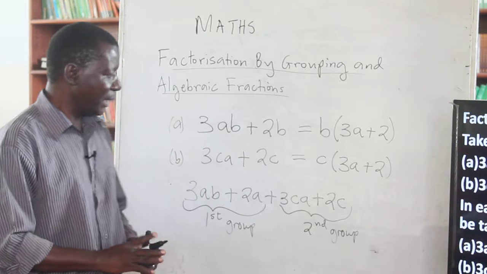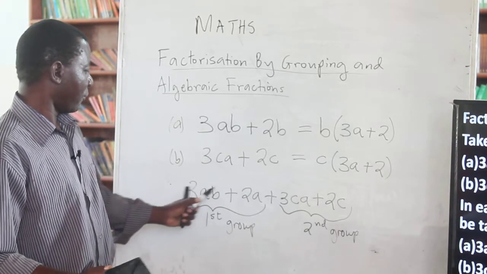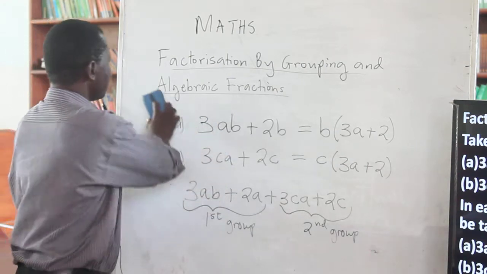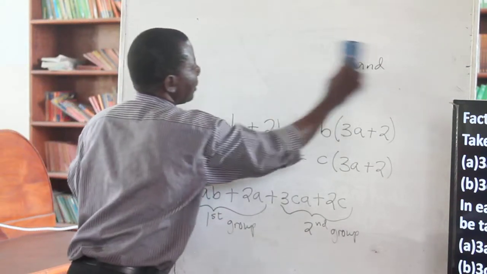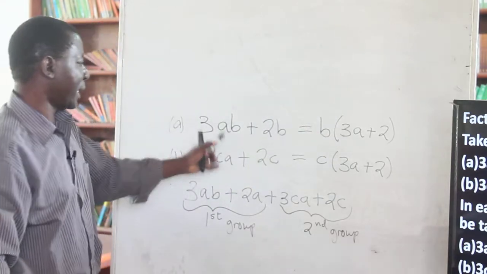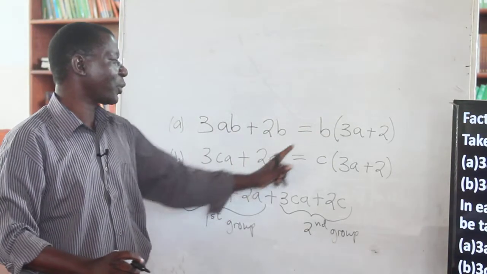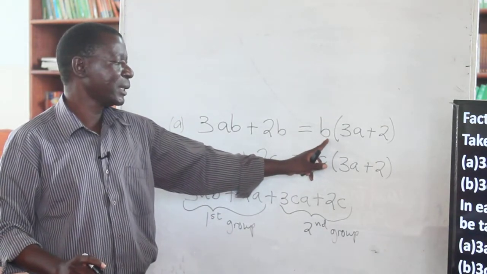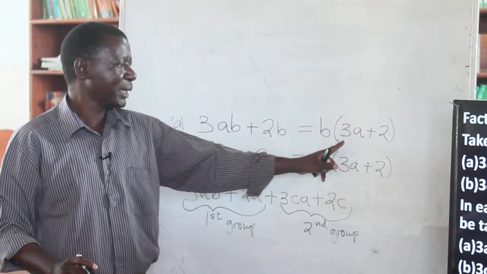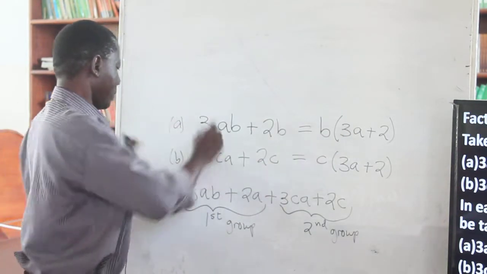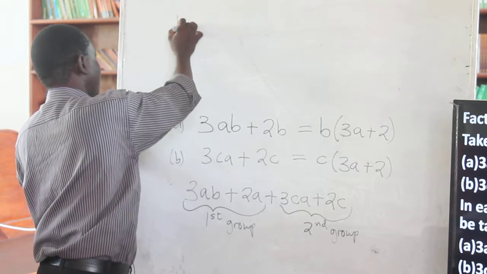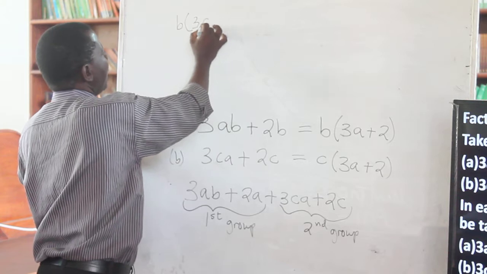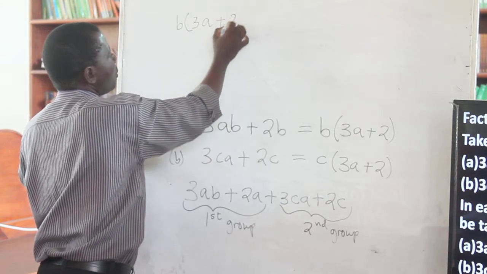Now, if we factorize the first group, as it has been given here, the first group will be factorized by taking b outside the bracket, and inside the bracket you have 3a plus 2.